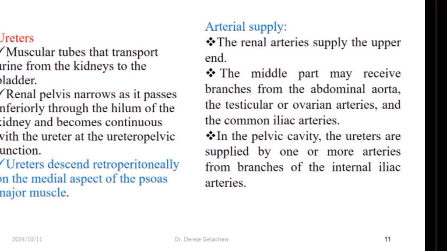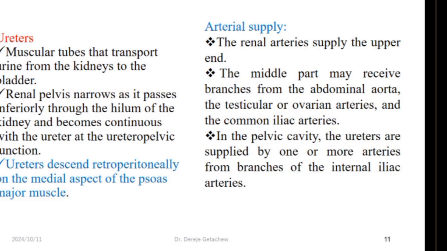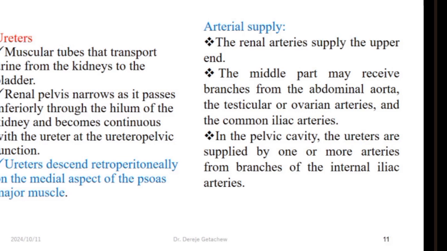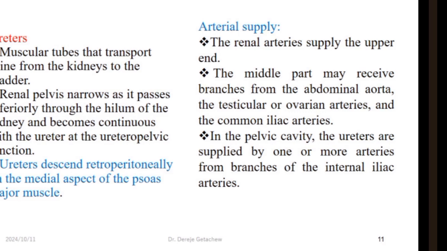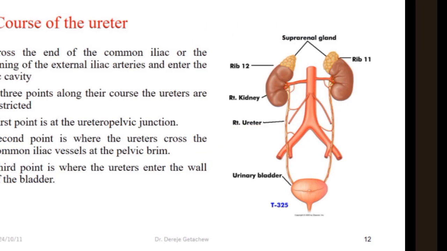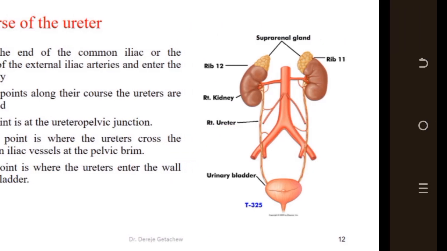The middle part may receive branches from the abdominal aorta or testicular or ovarian arteries, or it can be from the common iliac arteries. In the pelvic cavity, the ureters are supplied by one or more arteries from branches of the internal iliac arteries. So this is the gross structure of the ureter and this blood supply.